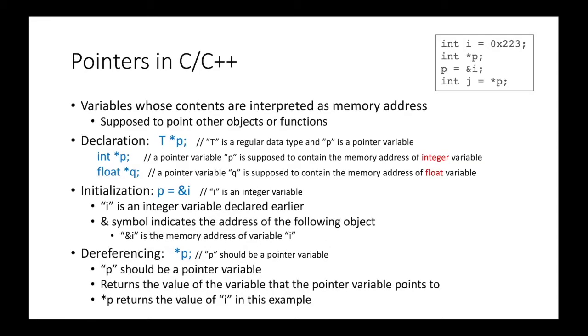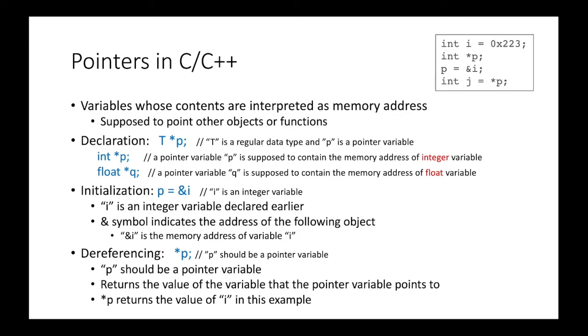Let's talk about pointers in C and C++. Pointers are variables whose contents are interpreted as a memory address, and they are supposed to point to other objects or functions. To declare one, we use a star symbol: T space star P, where T is a regular data type and P is a pointer variable name of your choice.